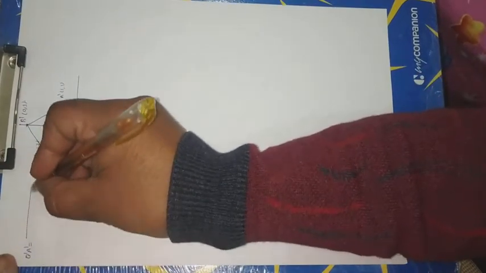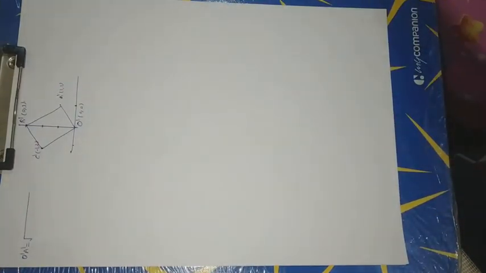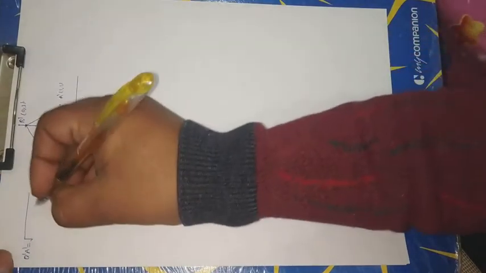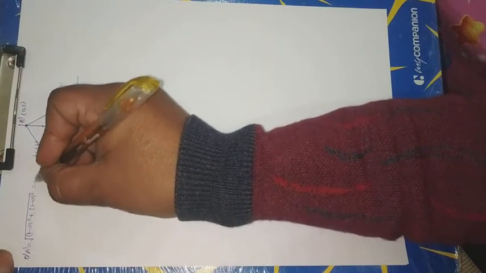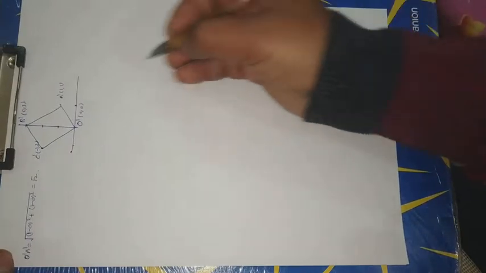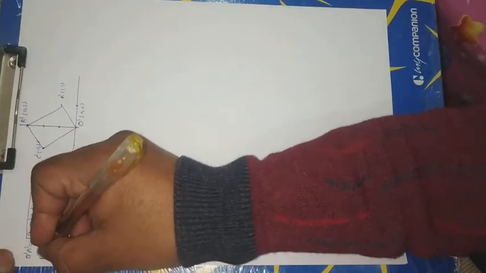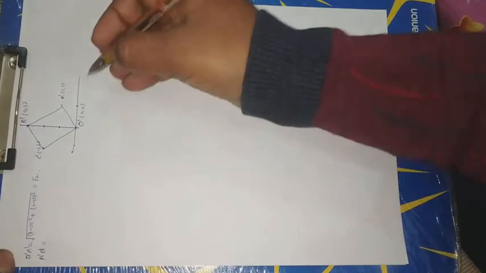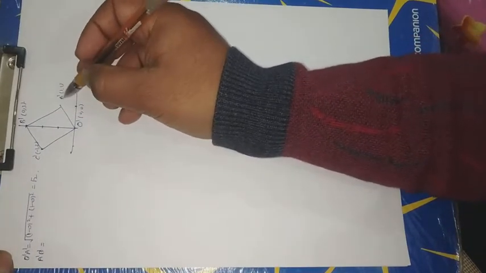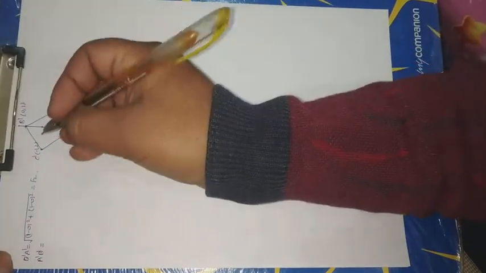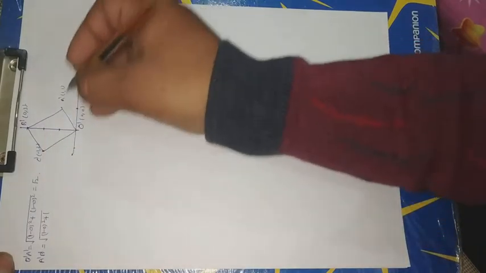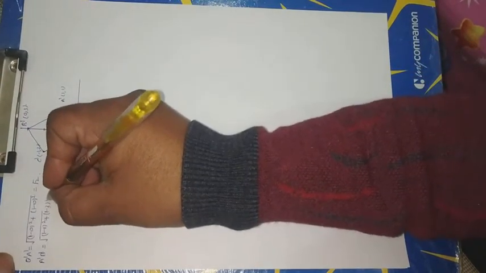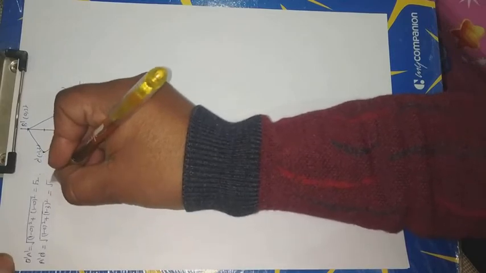This is equal to the distance between 2 points: square root of (1 minus 0) square plus (1 minus 0) square, which is equal to under root 2. Okay. Now A dash B dash is equal to under root (1 minus 0) whole square plus (1 minus 3) square, which is equal to under root 5.